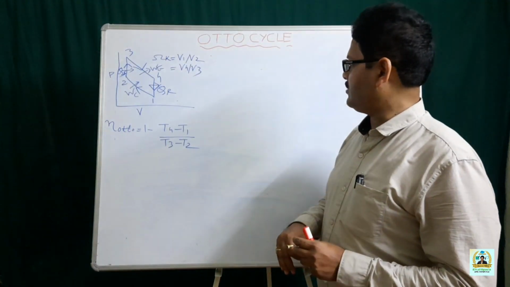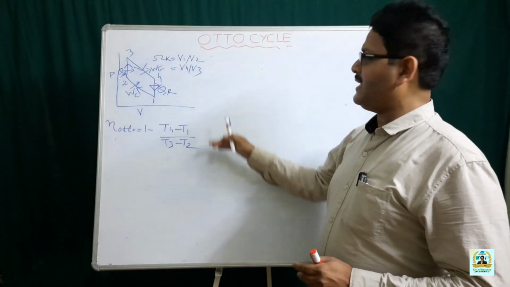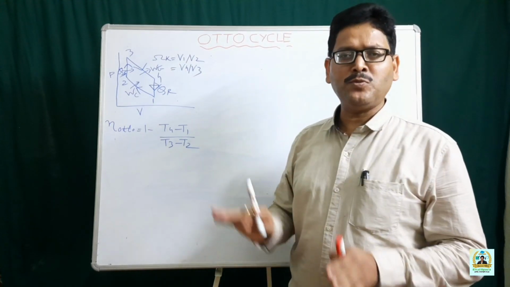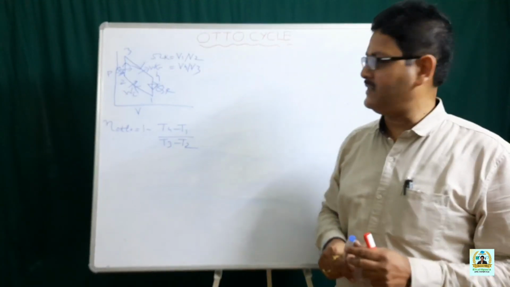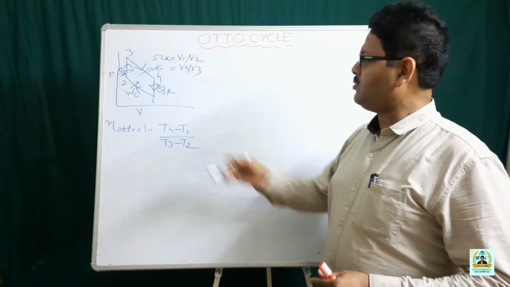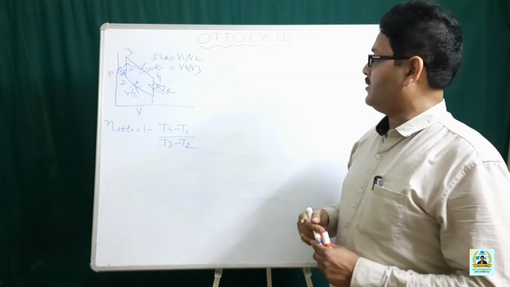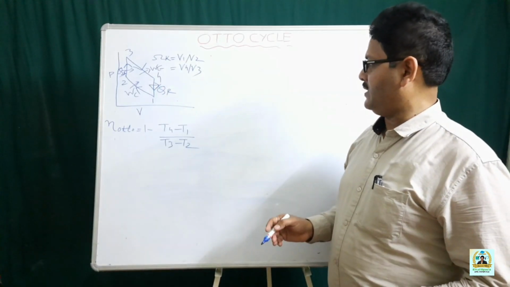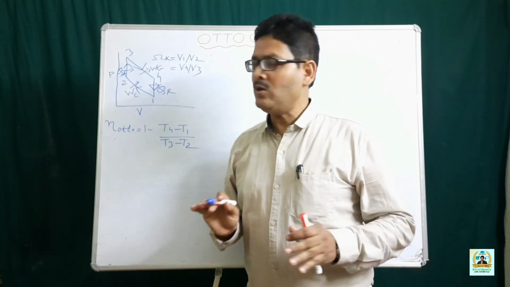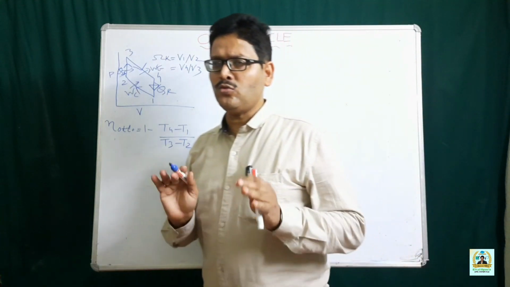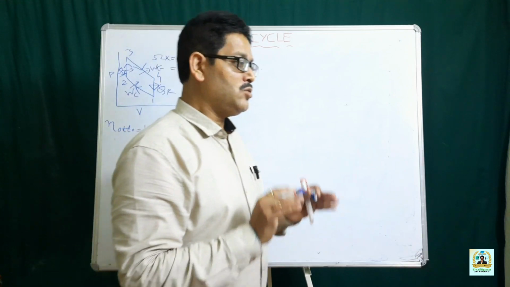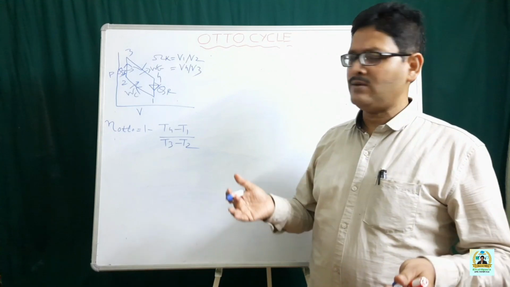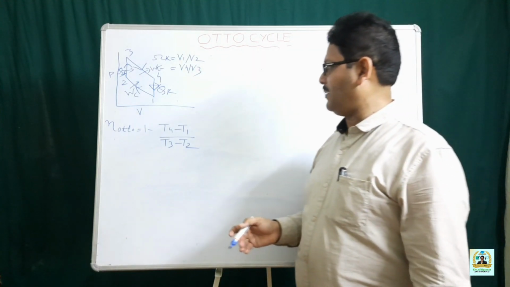I have eliminated the other diagrams so that we can smoothly utilize the space on the whiteboard. And you do have the PV diagram, which is essential to find the air standard efficiency. Now, first of all we'll consider the two isentropic processes to establish the relationship between the compression ratio and the different temperatures at cardinal points.